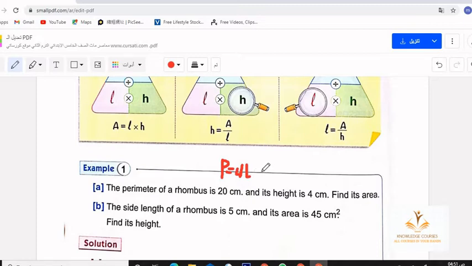When the perimeter equals 20, L equals perimeter divided by 4. So L equals 20 divided by 4, equal to 5.